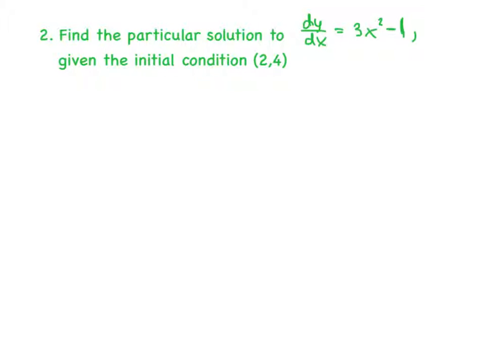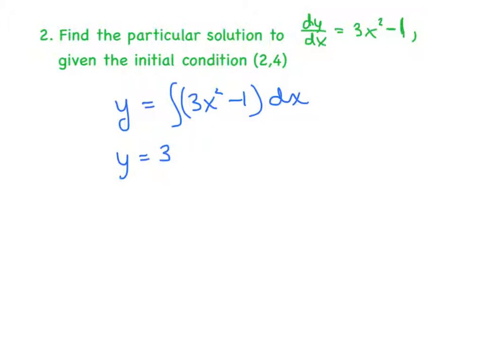Now, I'm just going to kind of shortcut. I know that if I took the integral of dy/dx, I'm going to get y. And now that's equal to the integral of 3x squared minus 1 dx. So y is equal to, go ahead and take the integral of each of these pieces.